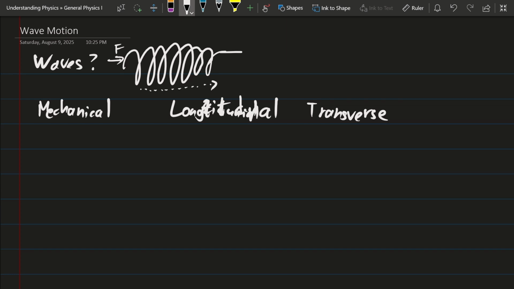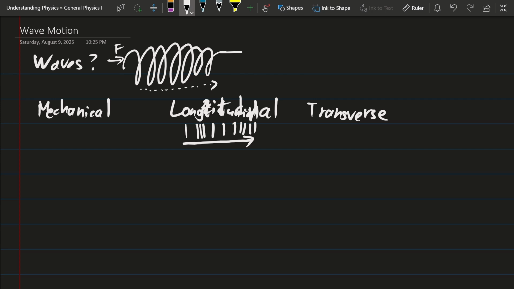So what is the difference? For a longitudinal wave, the displacement is parallel to the propagation of the wave. So let's say you have the wave propagating in this direction, that means that the wave matter is moving in the longitudinal direction, or parallel to the propagation of the wave.